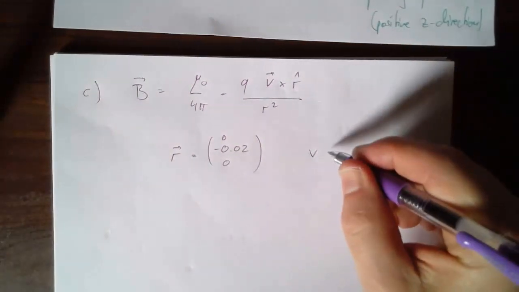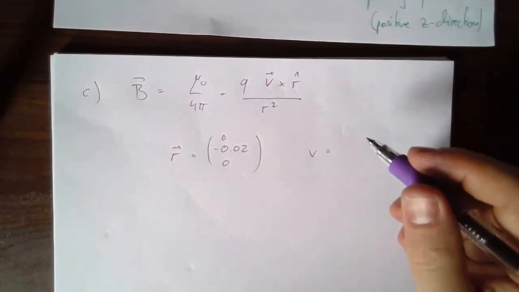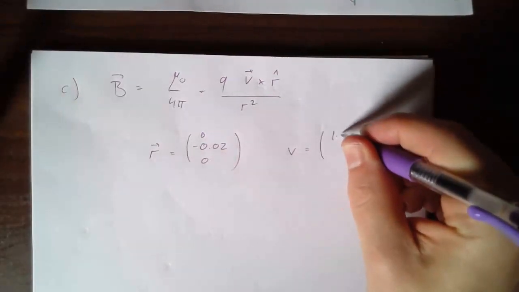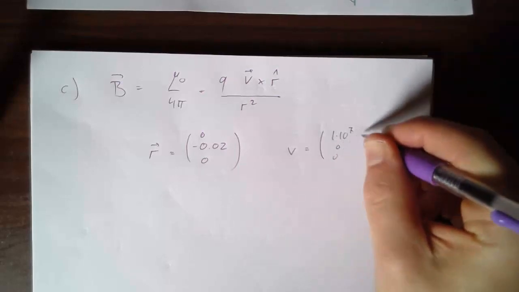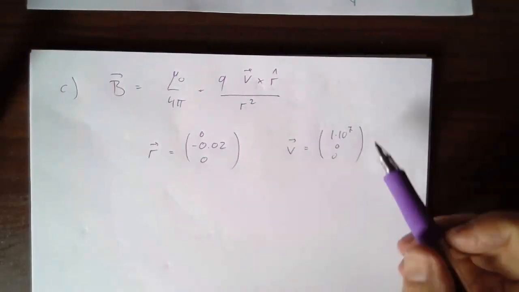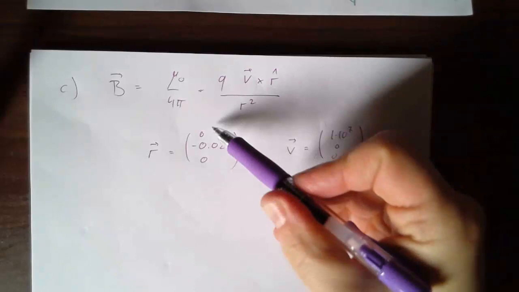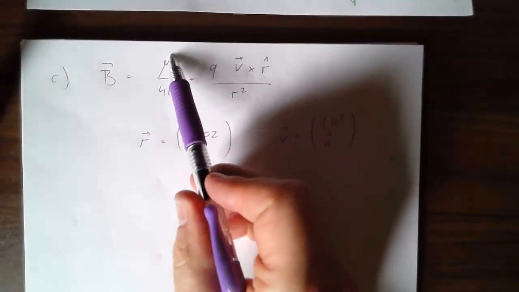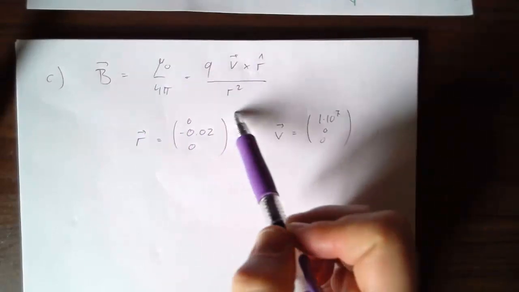That's my V vector, right, the value was 1 times 10 to the 7. So I'm going to write this as 1 times 10 to the 7, 0, 0. Right? Because it's in the x direction, x, y, z. So I'm not going to ignore all of those bits because they're just plugging in values.